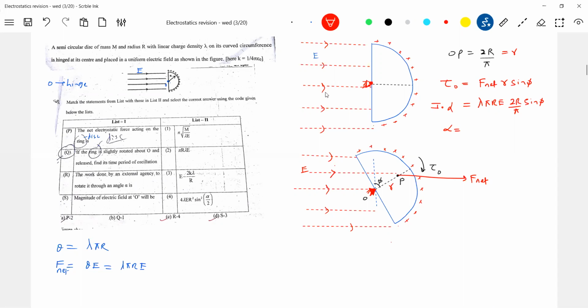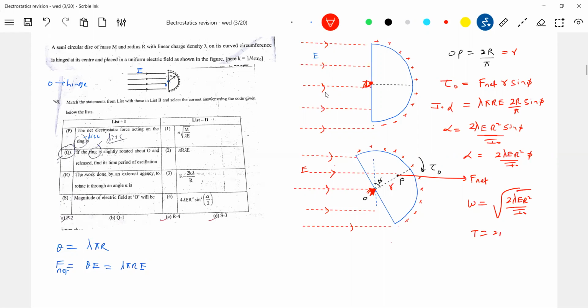Pi gets cancelled. So alpha is 2 lambda E R square sine phi by I naught. If phi is very small and this is a restoring torque, it will execute SHM. Omega equals root of 2 lambda E R square by I naught.